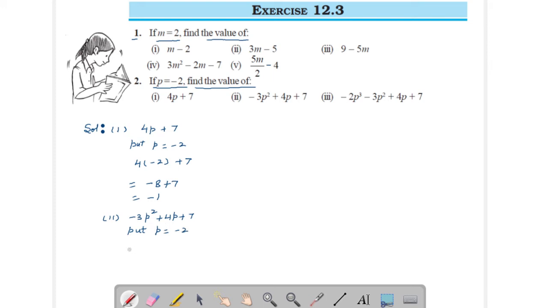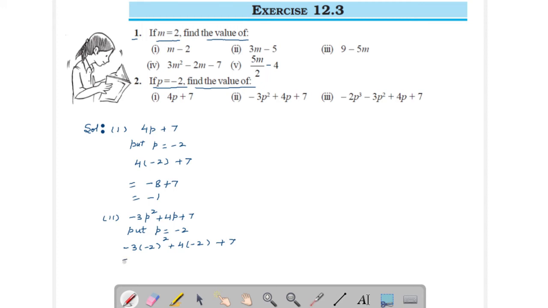What will you get? Replace p by minus 2. Minus 3 into minus 2 whole square plus 4 into minus 2 plus 7.